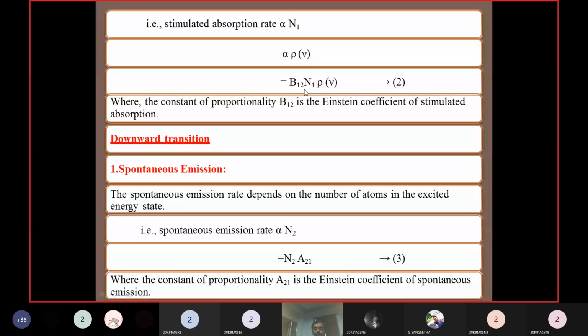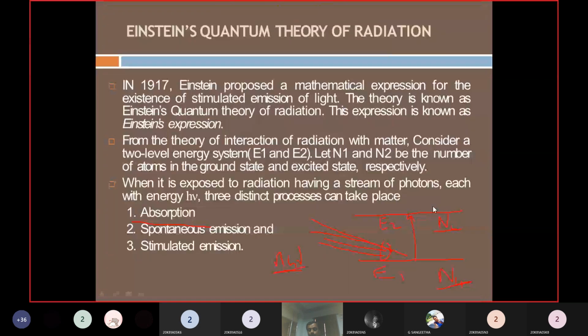Why do we take 1 2? Because absorption takes place between two energy levels, E1 and E2. In this process the electron moves from the first energy level E1 to E2, the second energy level, the excited state.